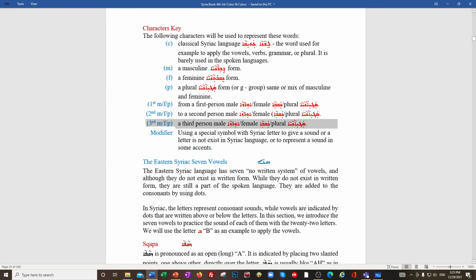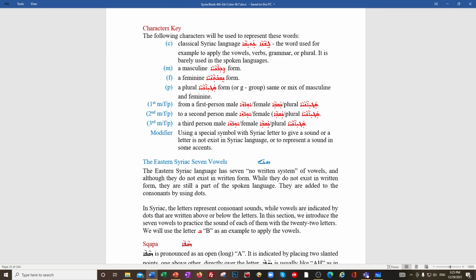One last thing about these characters here. When we say modifier, it's a special symbol used with the Syriac letter to give a sound or a letter that does not exist in the Syriac language. Probably from the table we cover in a minute, you're going to say, where is the sound of J, or CH, or SH? We don't have those.